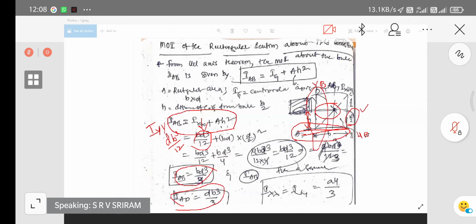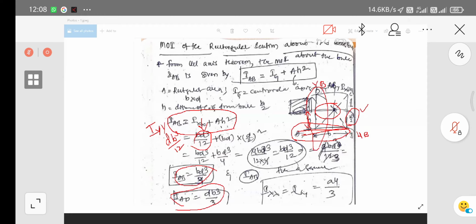Central axes we have two, xx and yy. Base axes we have two, one linear base and another lateral base. That's why we get four moments of inertia per rectangle.